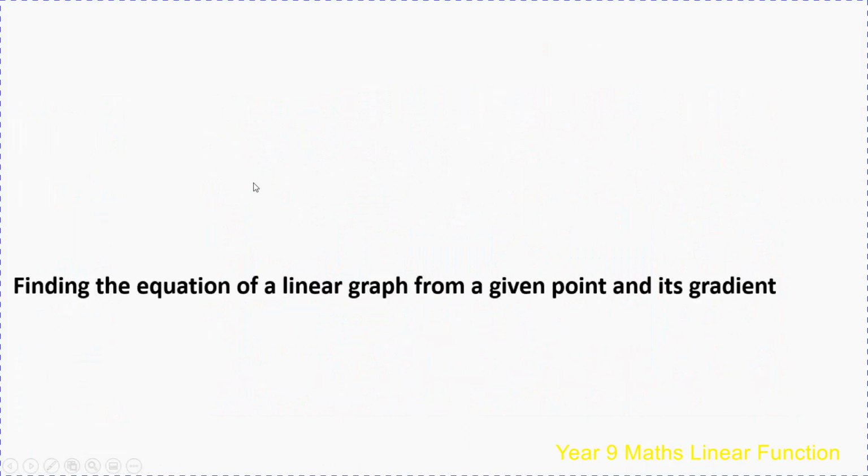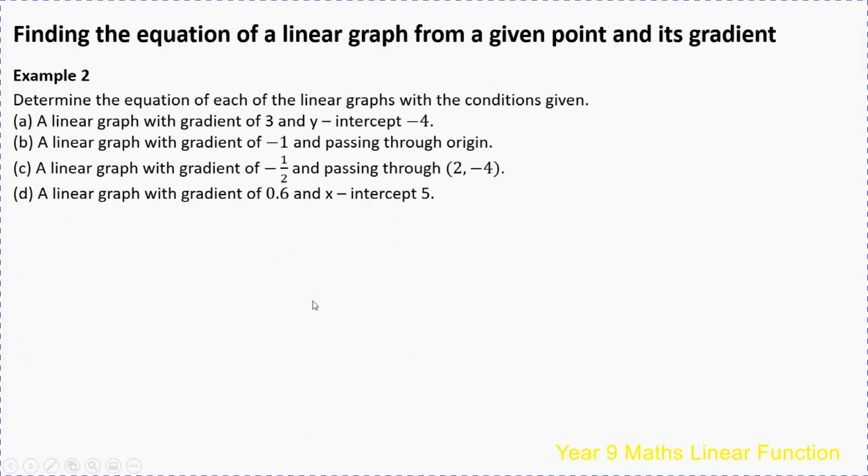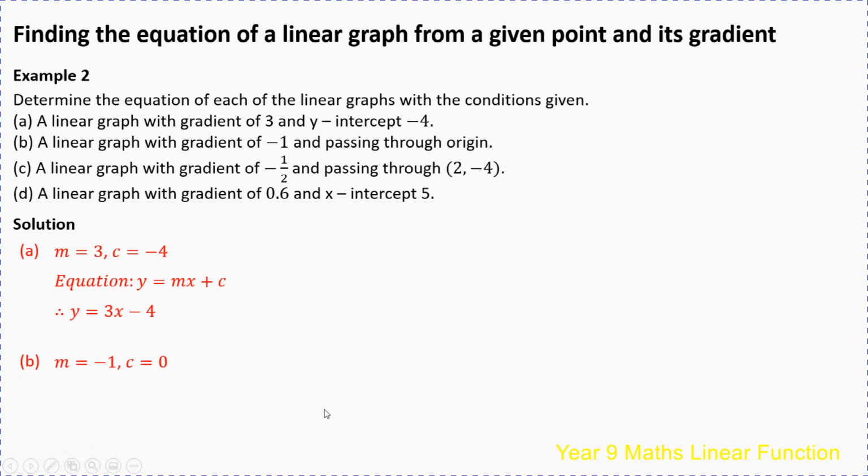I'm going to run down the steps quickly. Remember the 4 questions. Part A is easy because the y-intercept is given, so you just put everything straight into the form. B is quite easy, isn't it? Because we're passing through the origin, that means the y-intercept is 0.